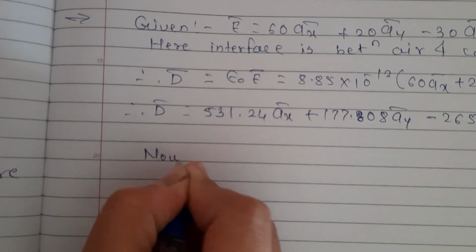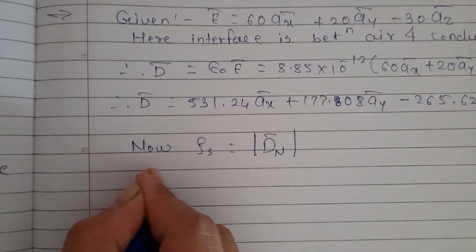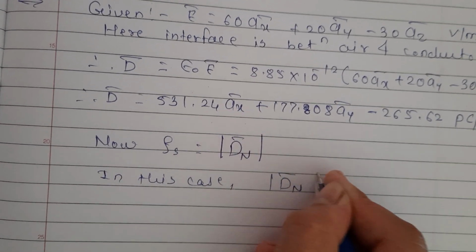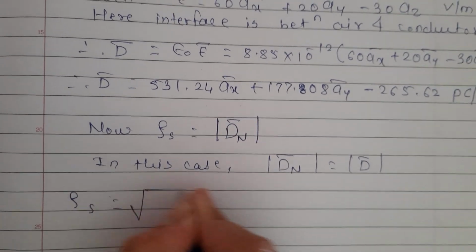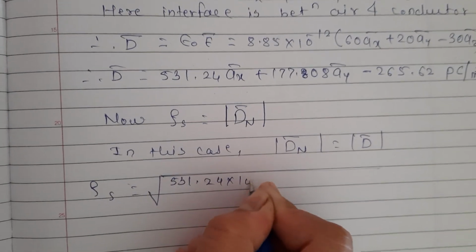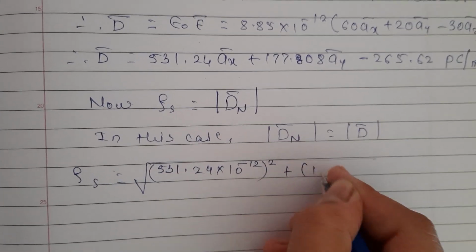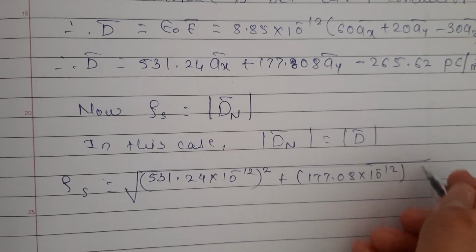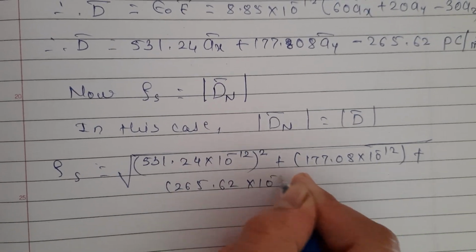Now what is rho s? It is equal to the magnitude of Dn bar. So in this case, Dn bar is equal to the mod of, so it is the square root of (531.24 into 10 raised to minus 12) square plus (177.08 into 10 raised to minus 12) square plus (265.62 into 10 raised to minus 12) square.